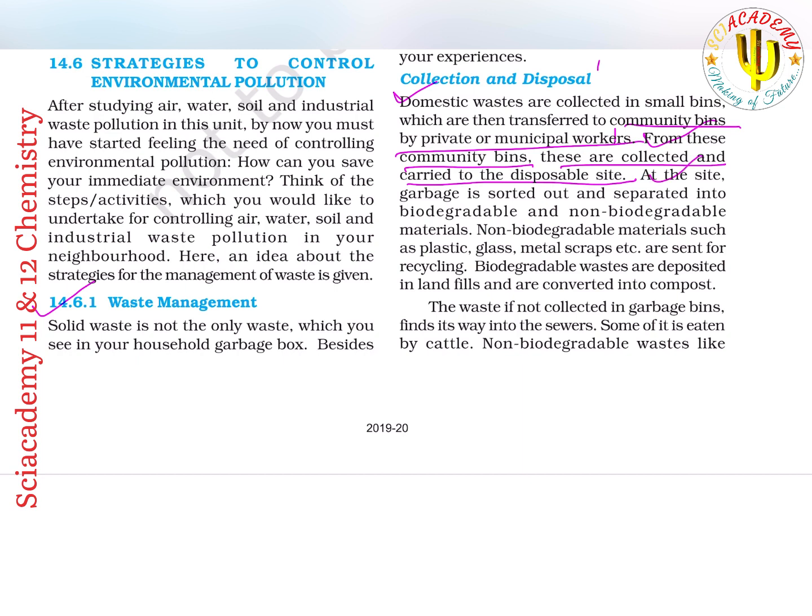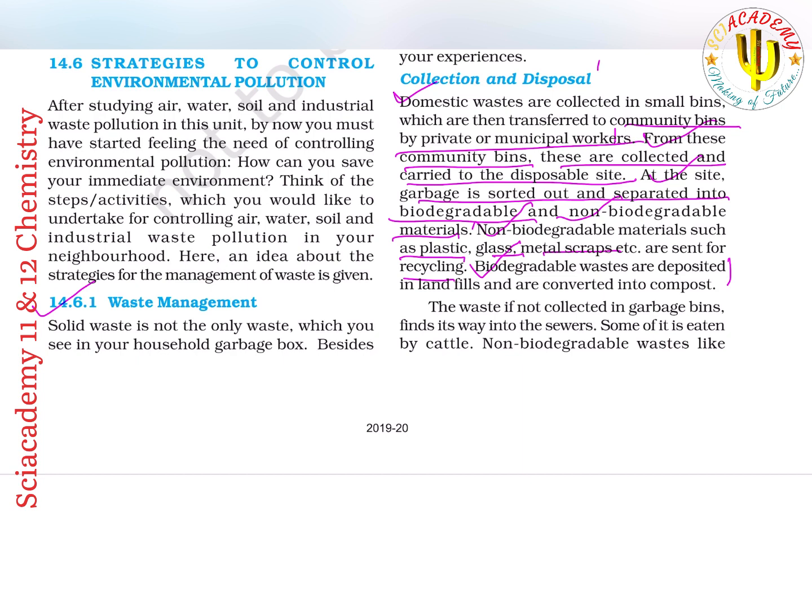At the site, garbage is sorted out and separated into biodegradable and non-biodegradable materials. Non-biodegradable materials such as plastic, glass, metal scraps, etc. are sent for recycling. Biodegradable wastes are deposited in landfills and are converted into compost.